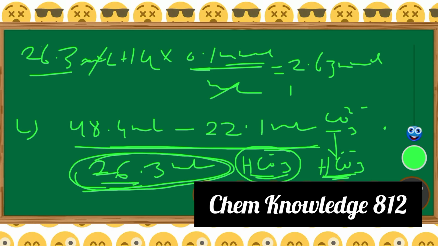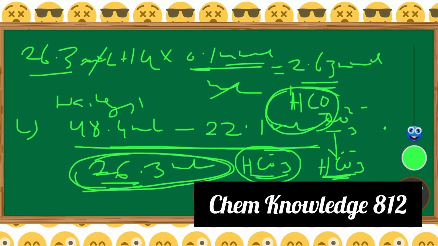So 2.63 millimole of bicarbonate was obtained from the conversion of Na2CO3 to NaHCO3.